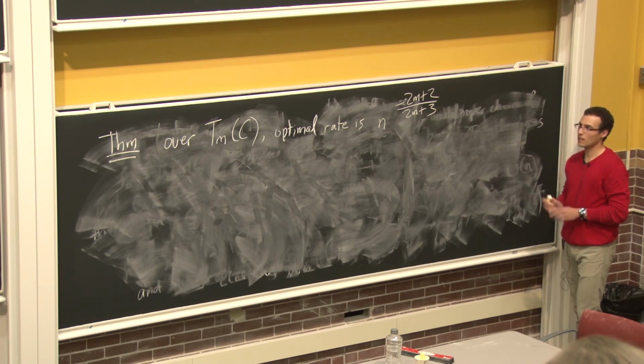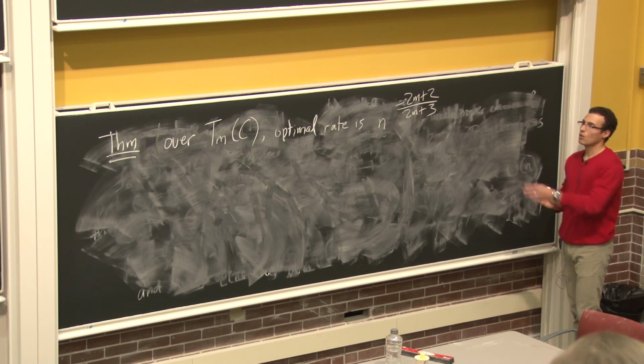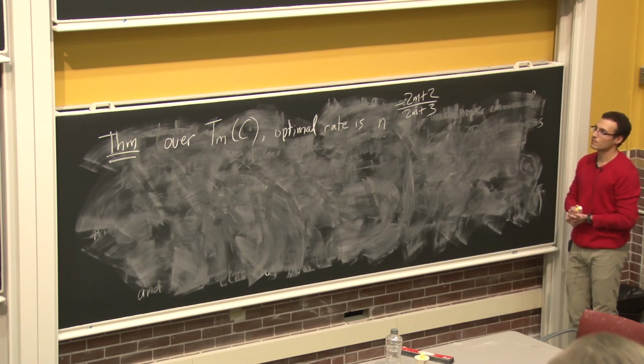This may look a bit perplexing, but that's the optimal rate of estimation over this total variation ball.